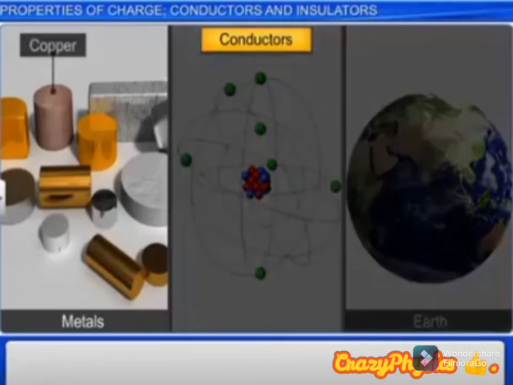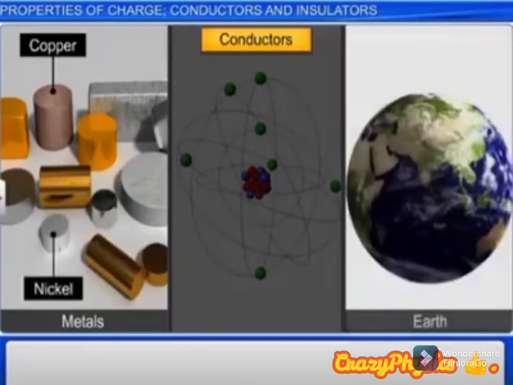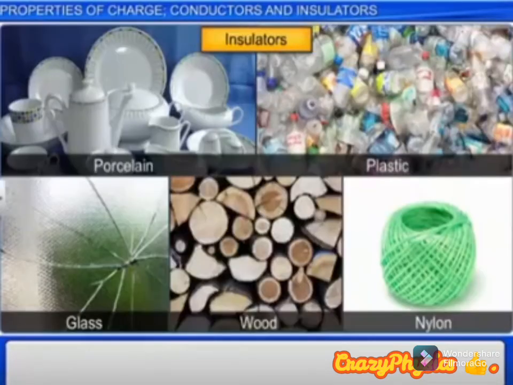Metals like copper, nickel, and the human body and earth, etc., are some conductors. Some materials have a very small number of free electrons, and hence offer very high resistance to the flow of electricity through them. Such materials are called insulators.